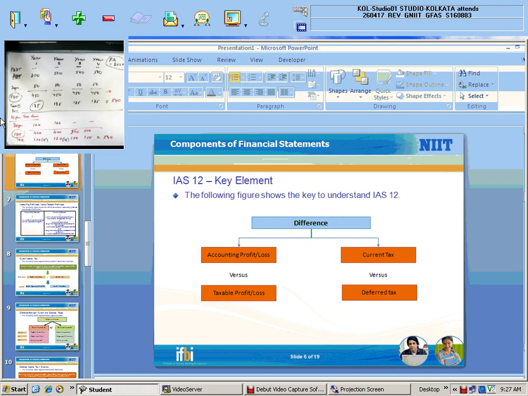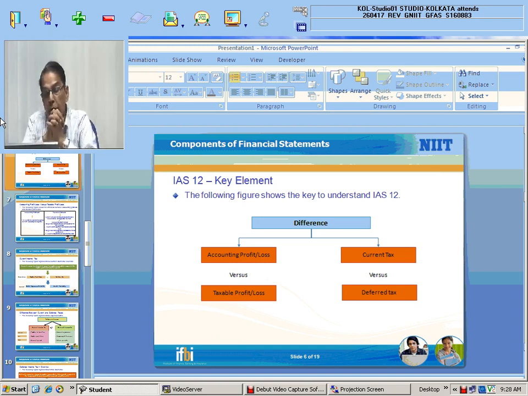On one side we look at what is the accounting profit and loss, and we look at what is taxable profit and loss. Accounting profit and loss versus taxable profit and loss gives us the concept of current tax versus deferred tax. On taxable profit and loss you pay current tax. On accounting profit and loss you calculate tax expense.